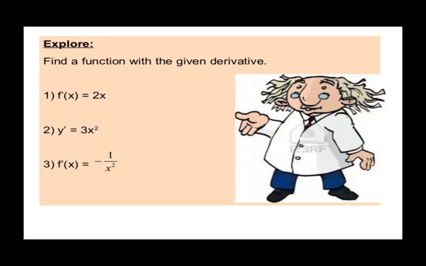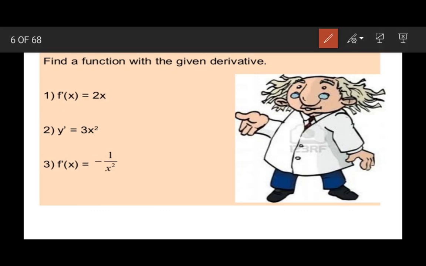So see, find a function with the given derivative. Derivative is given as 2x. We know that derivative of x square is 2x, so if the derivative is 2x, then function is x square.